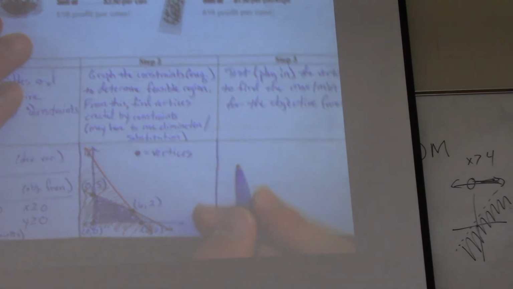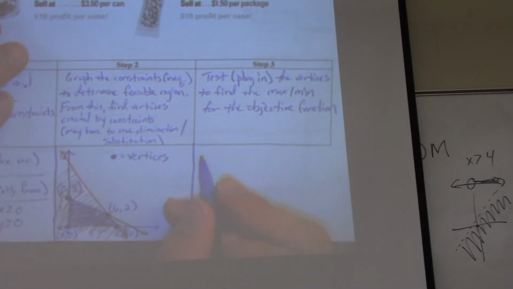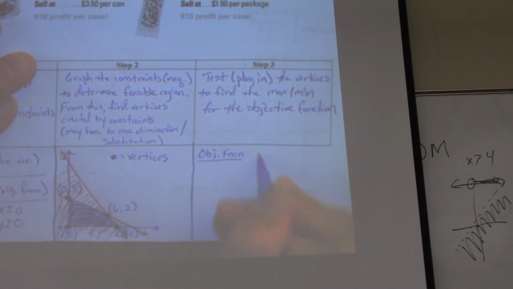So, earlier, I said that the objective function was P equals 18x plus 15y. And so what we're going to do, and oftentimes I'll have a chart for you, is we are going to plug in each one of those points.